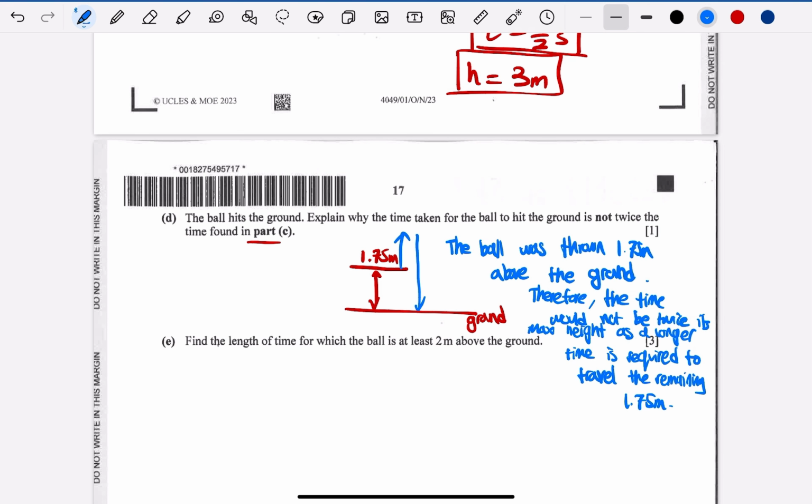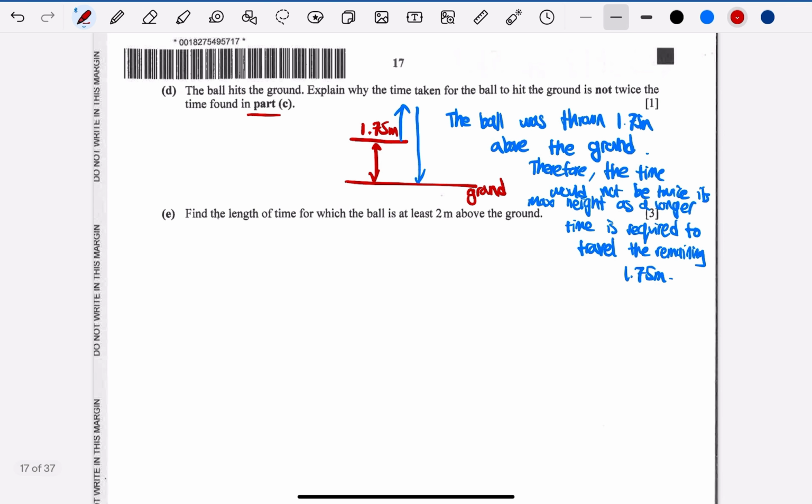And lastly, for part E, they tell you to find the length of time for which the ball is at least 2 meters above the ground.